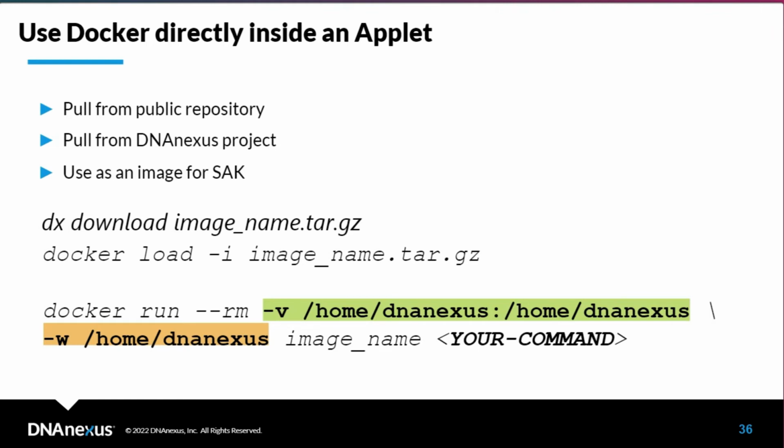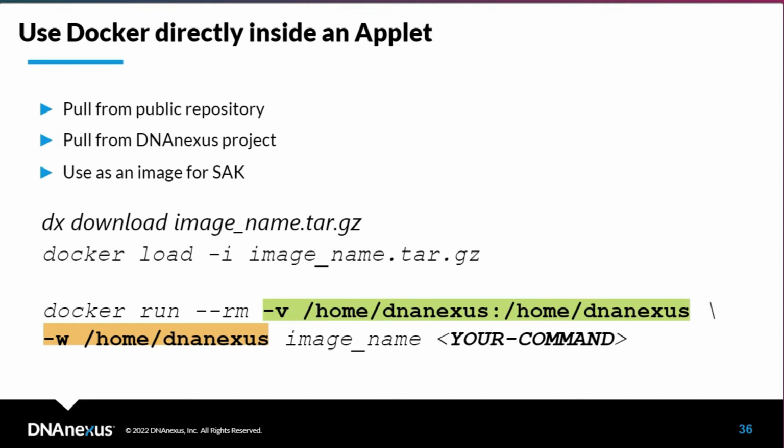Another useful feature is -w. In this case, -w /home/dnanexus, which will set up the working directory, the directory where you are working when you are inside of your Docker image. And then we can specify image name, and finally your command of your interest, command you would like to execute, for some tools that would be, let's say, samtools view.